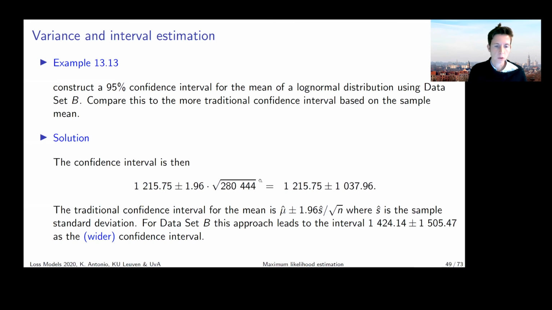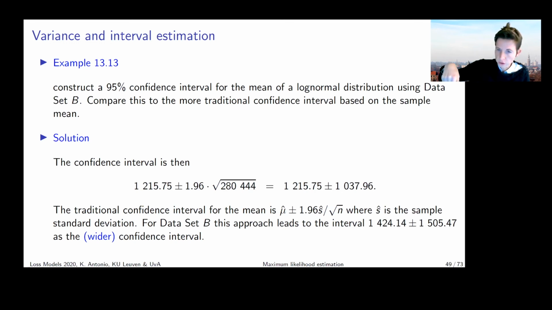You could also say that a more traditional confidence interval for the mean would work like this. What we mean here is that you just take the sample mean of the losses observed, and if I work with the sample mean, then the variance of this sample mean would be the variance of a single observation divided by n.